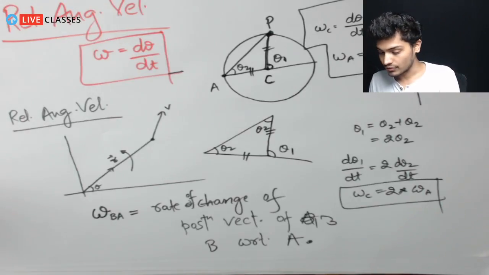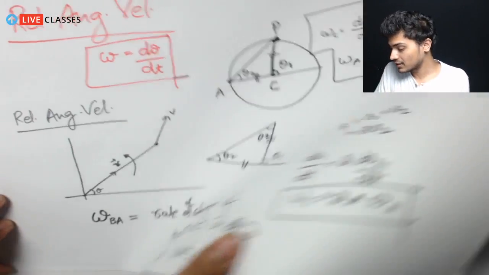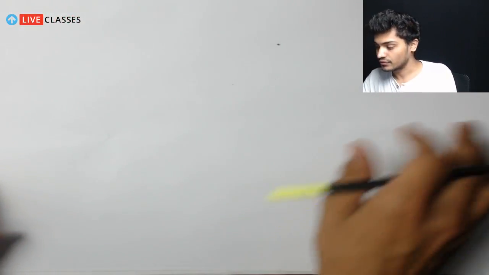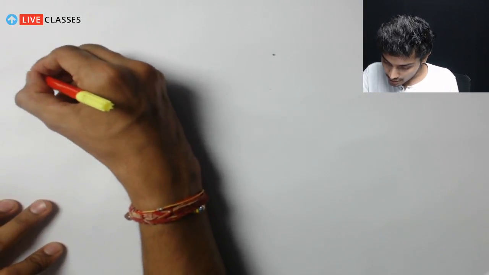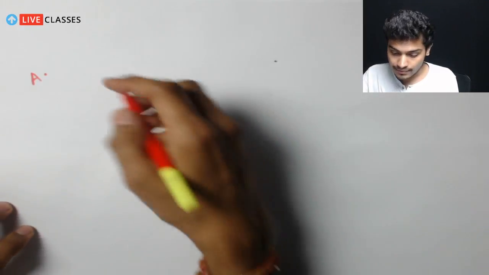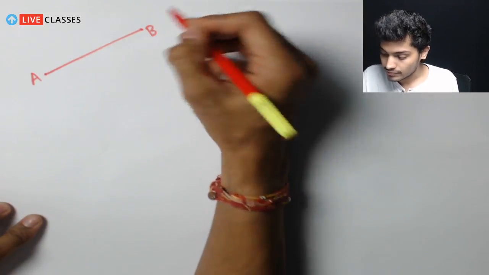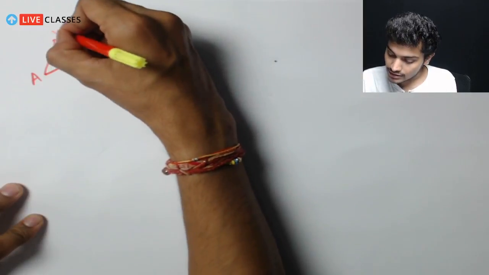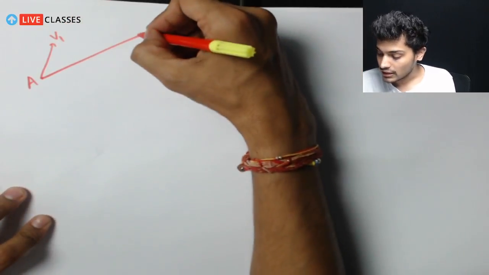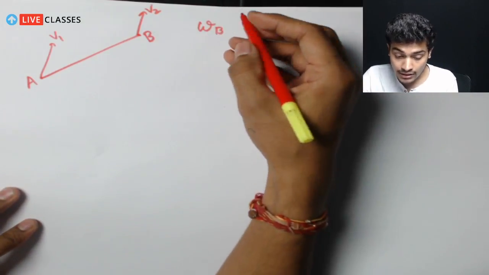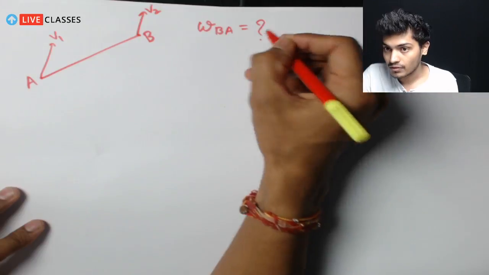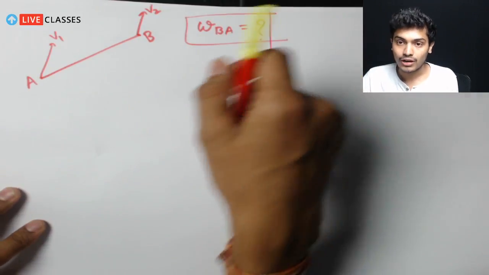So let's try one problem. For example, in exams, if we are asked to find the relative angular velocity of B with respect to A, then how will we tackle those problems? Let's see. Suppose there is a particle A, and another one is B, and it is moving like this with v1, and it is moving like this with v2, and we have to find omega BA. So how will we find this?